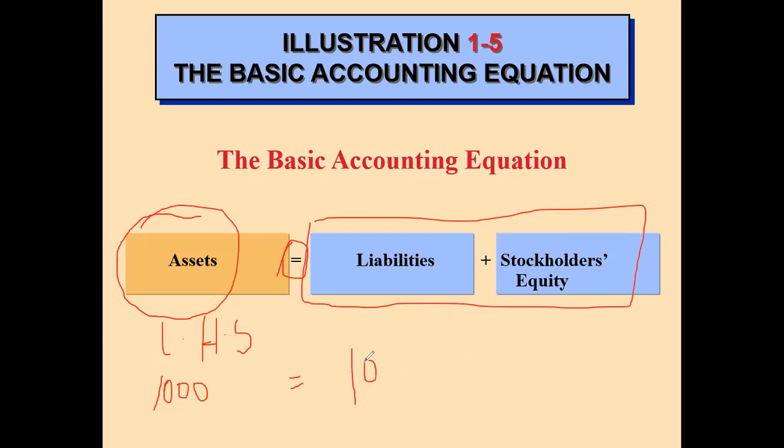That means 1000 will be on that side, either in liabilities or stockholder equity. Then the equation will be equal. Is it clear? Asset increases, and liabilities and stockholder equity also increase by the same amount. That way we can say that this equation is equal.